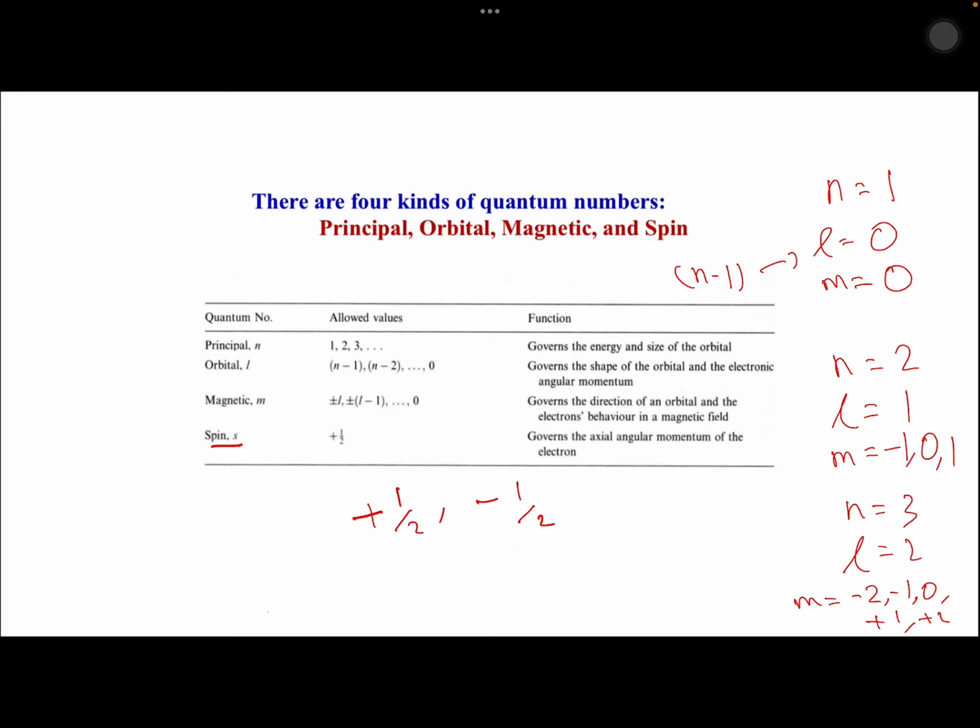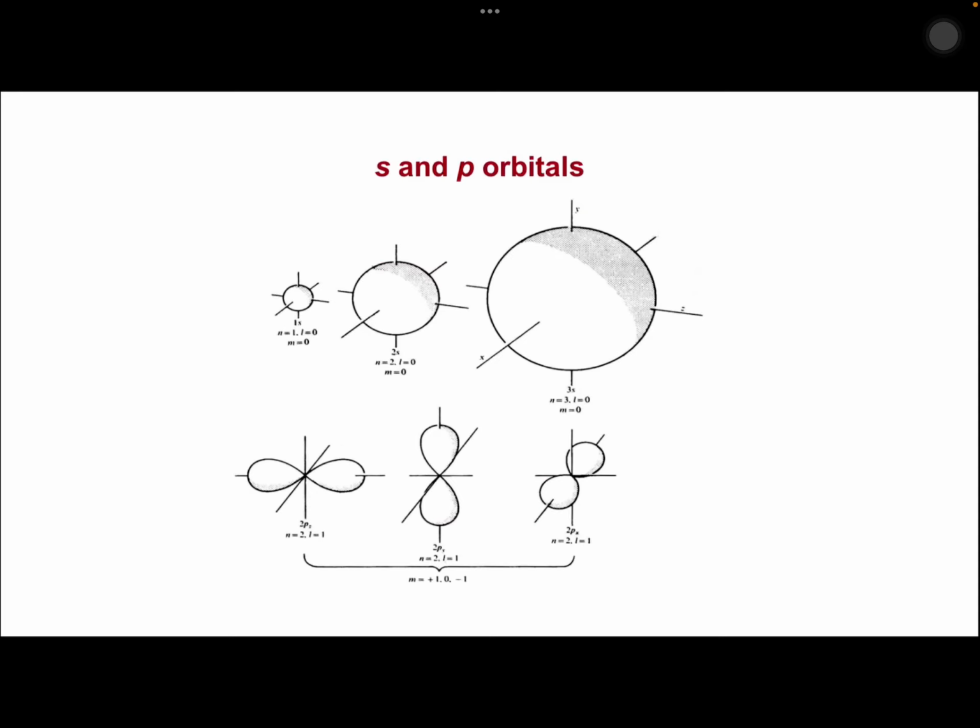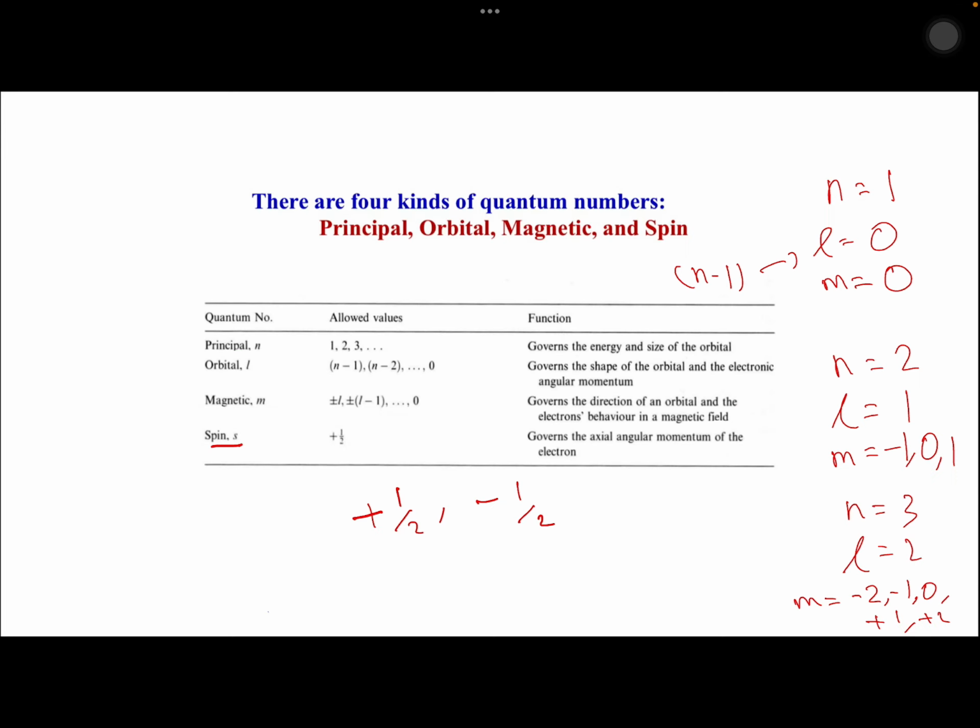The motion of a particle in space can be described by quantum numbers and probability. L equal to 0 is the S orbital, L equal to 1 is the P orbital, L equal to 2 is the D orbital, and L equal to 3 is the F orbital.